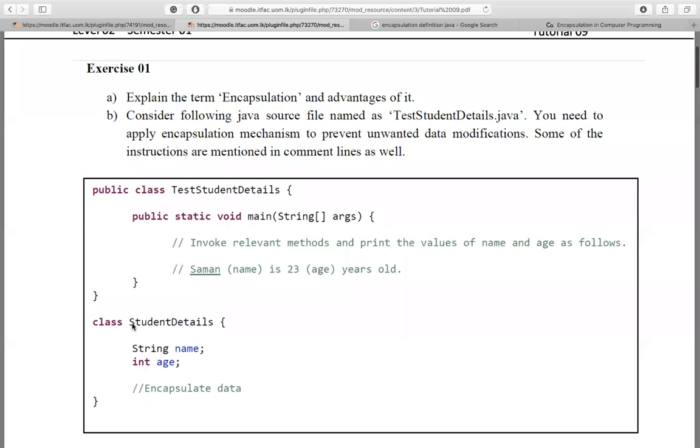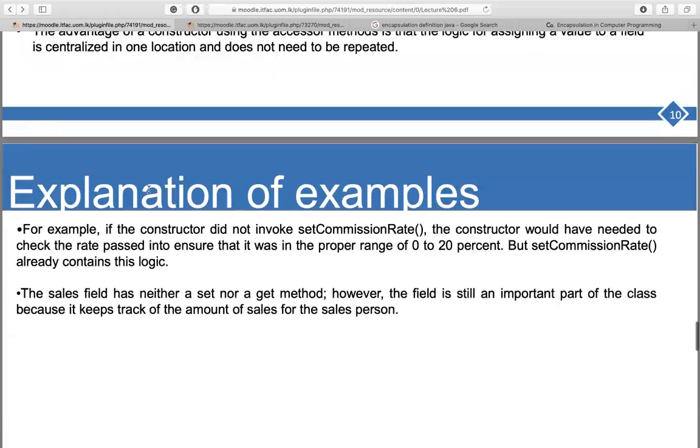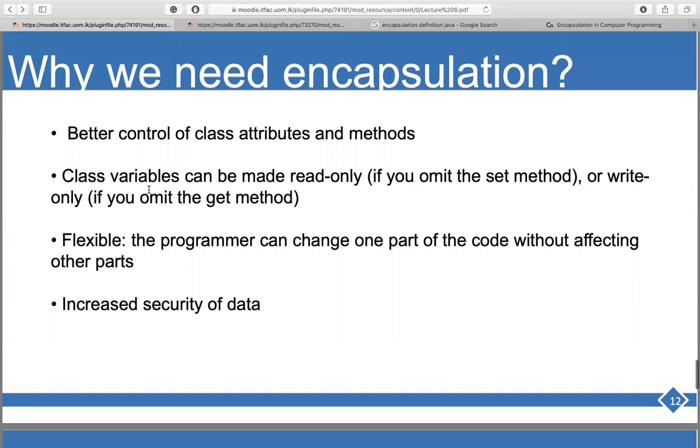And what are the advantages of that? Why do we need encapsulation? Better control of class attributes and methods. That means you do not directly expose your data to the public; via public methods, you give access to others.